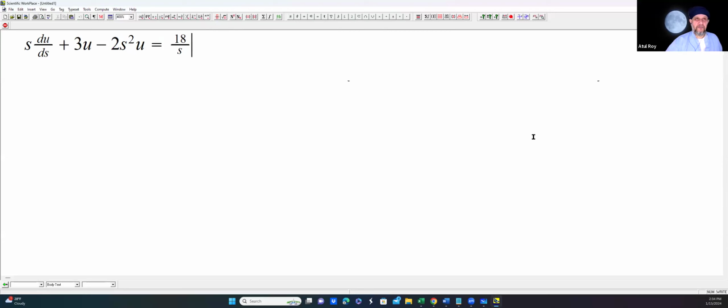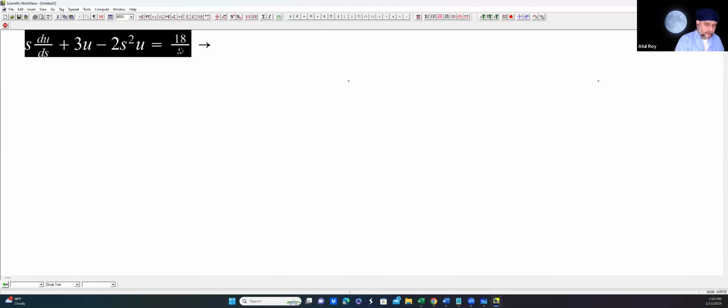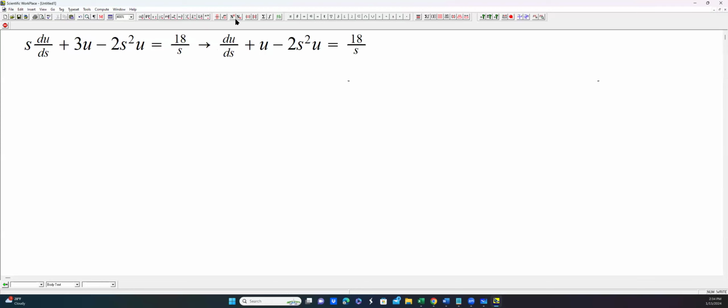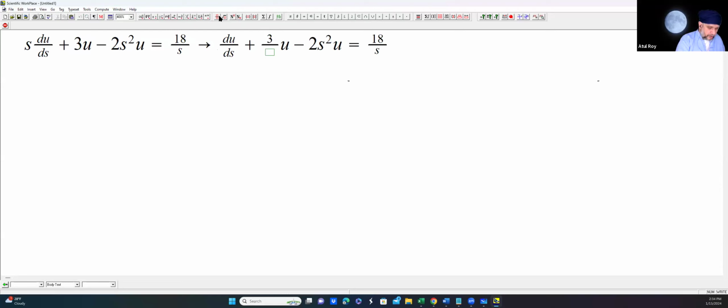So now we will divide by s, right? Let's go ahead and divide this whole thing by s so that we can get this in the form of a linear equation. So we got 3 over s, and then we have 2s squared.